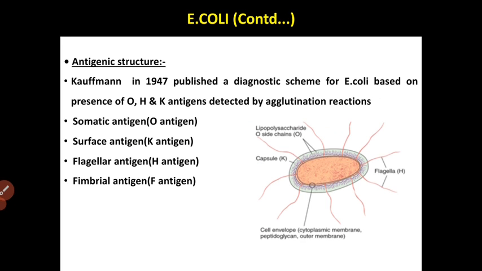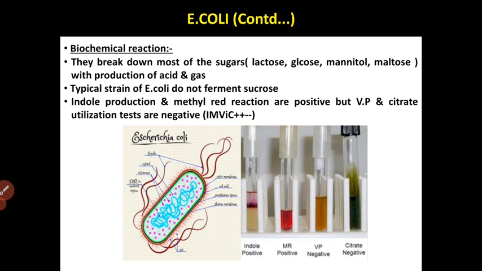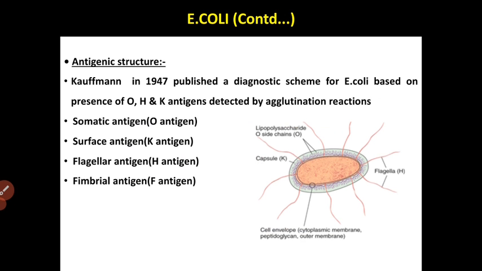Next, flagellar antigen, H antigen. These are thermolabile and more than 50 H antigens are described and all of them are monophasic. Okay. Next, fimbrial antigen, F antigen. Now, many Enterobacteriaceae contain fimbriae. Okay, you can see the image here. Got it?